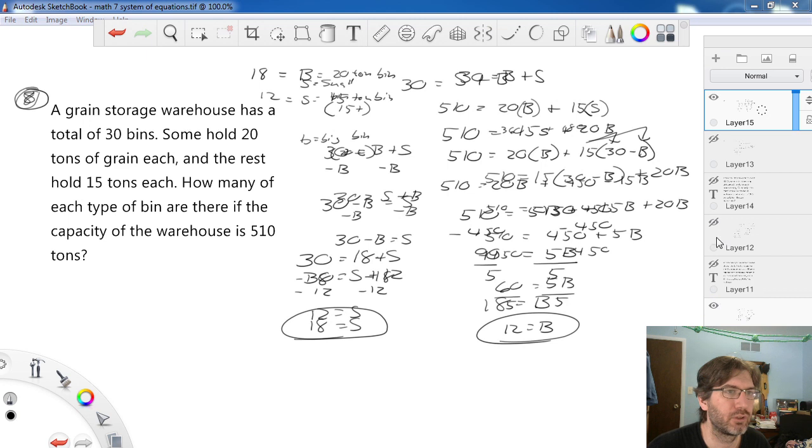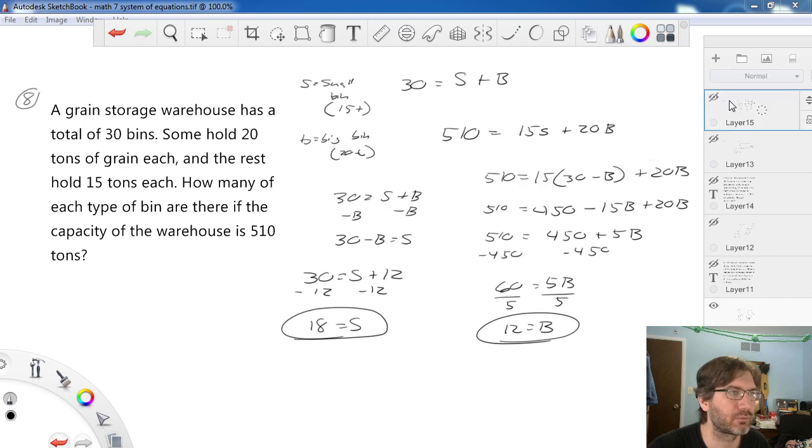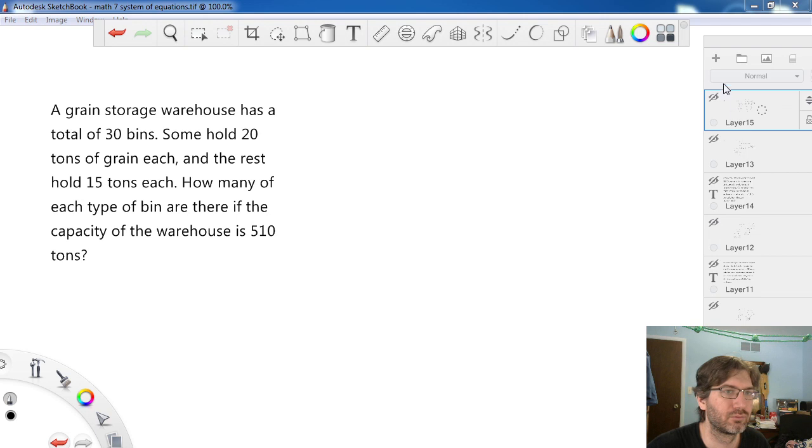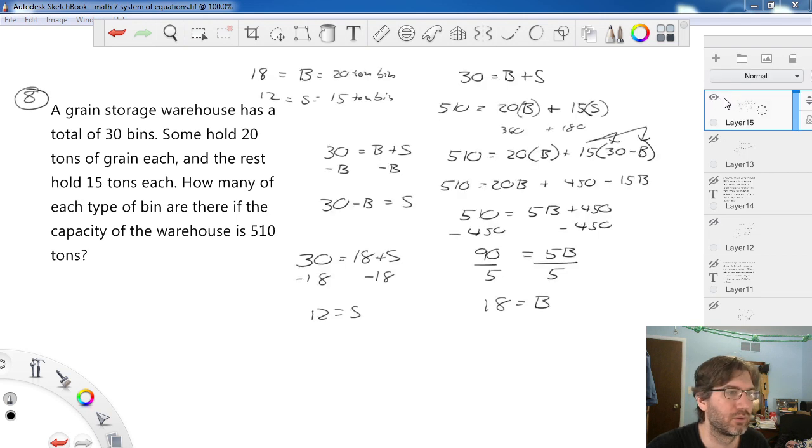Where's my cheat sheet? These should be switched. I screwed up my variable somewhere.